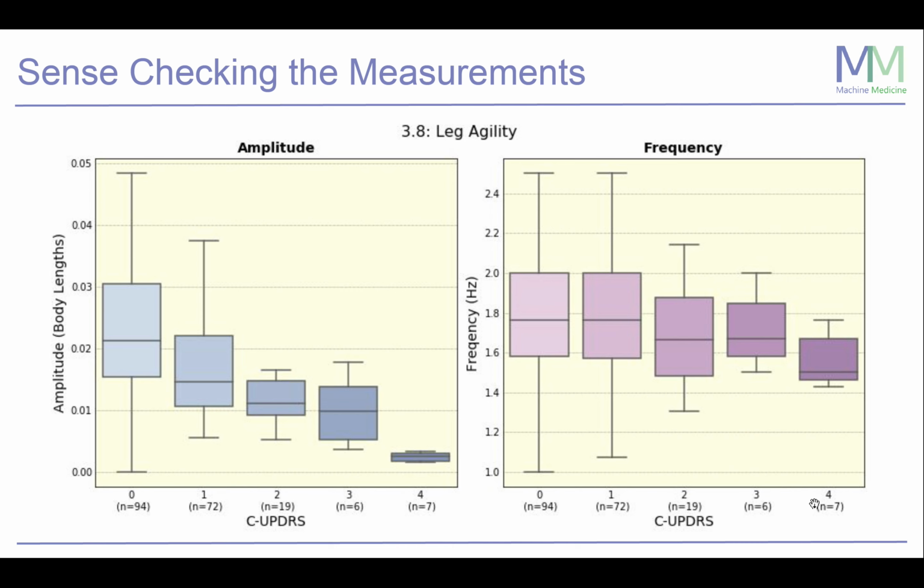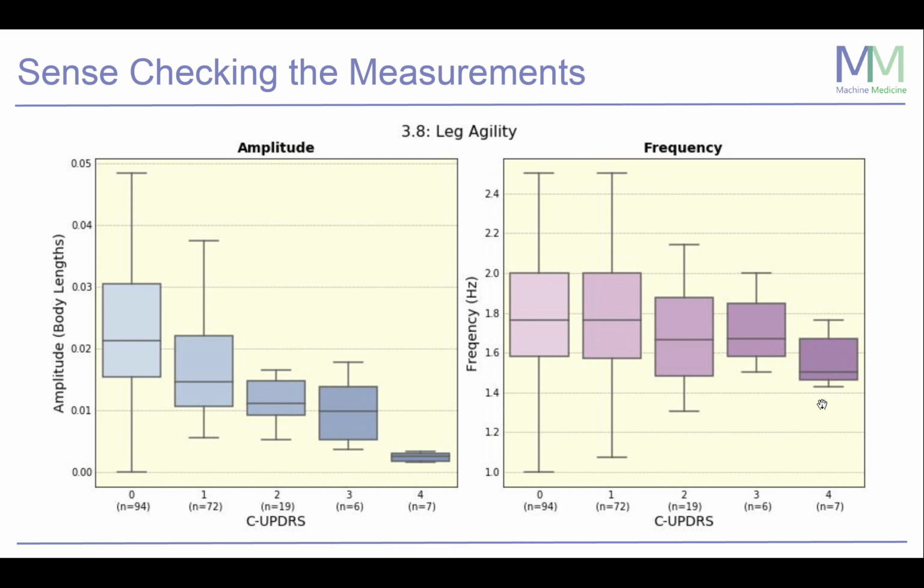So we can do the same thing for legs, just to check that it doesn't really matter what part of the body we measure, we get a similar pattern for each. And again, we see a very significant and clear reduction in amplitude, and again a comparable, less extreme but somewhat comparable reduction in frequency for leg agility, as we saw with finger tapping.